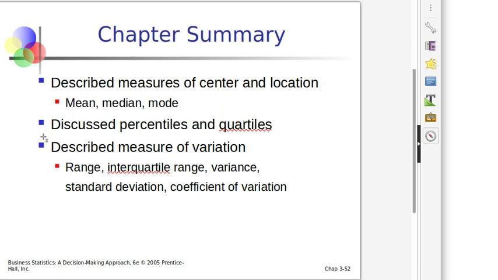We have discussed also percentiles and quartiles, what they are. Percentiles are percents, and quartiles are quarters, 1/4. We have described also measures of variation. These are the range, interquartile range, variance, standard deviation, and coefficient of variation.